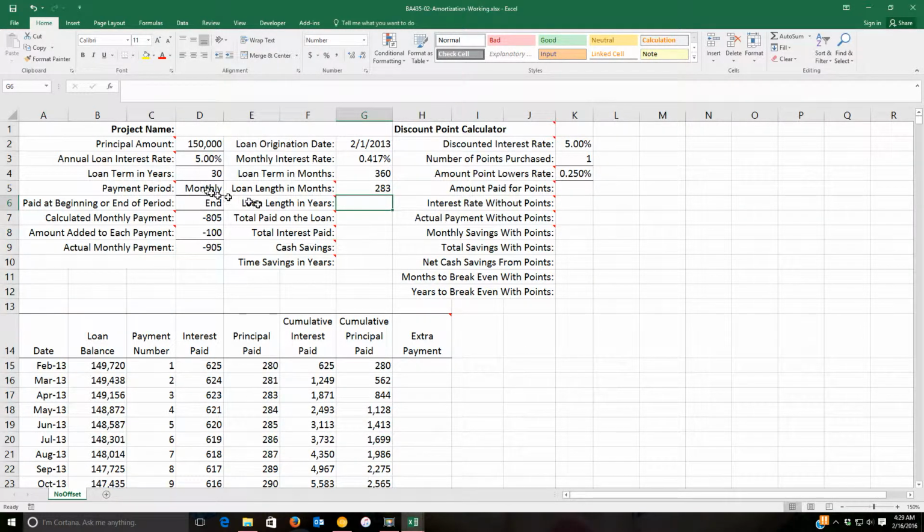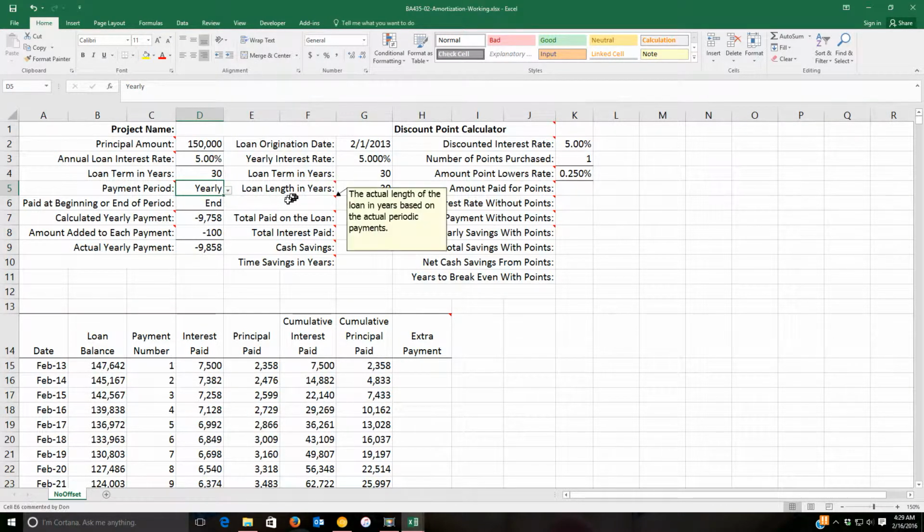If it's years, it's leaving off a couple of lines here because we don't want to be redundant. Have this say years to break even, this say years to break even, this say loan length in years, and this say loan length in years. We want to take one of those out. You'll notice if I change this to years, you can see this is gone, this is gone.